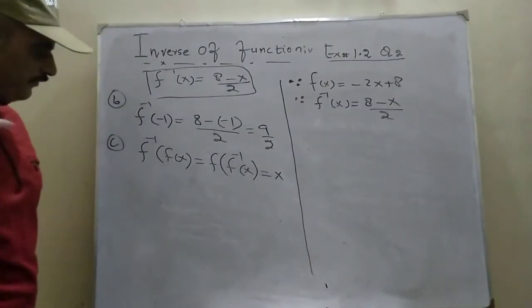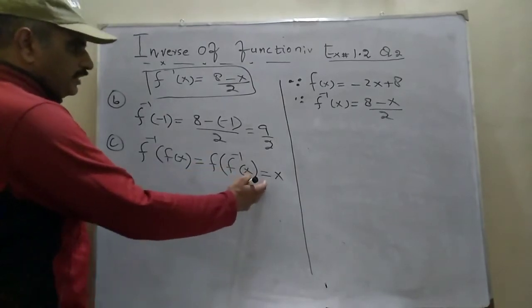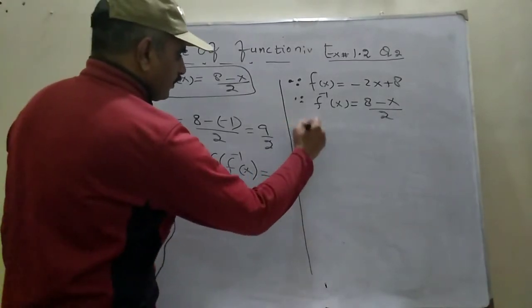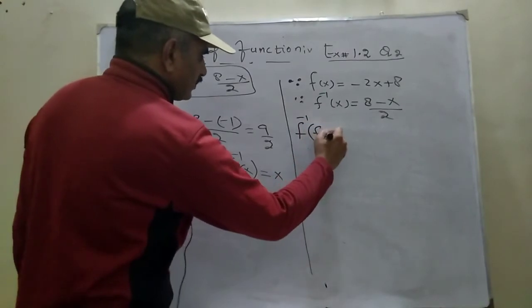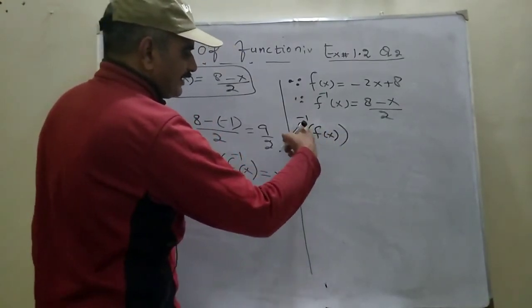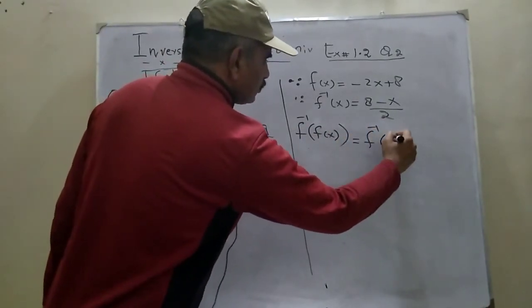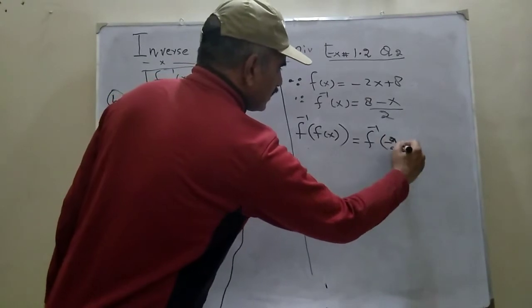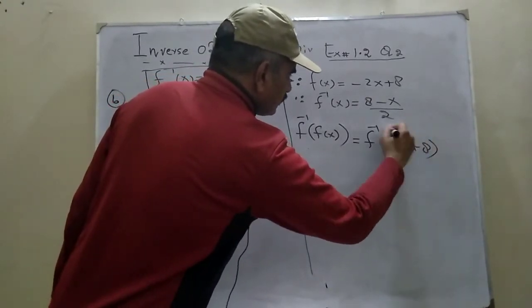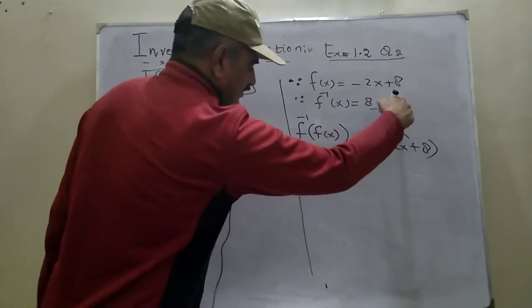Now here we verify f inverse of f of x and f of f inverse of x is equal to x. So first we find f inverse of f of x. What we have to do is just put the value of the function f of x in the inverse function. We have f of x as minus 2x plus 8. Just put this value in the inverse function in place of x.